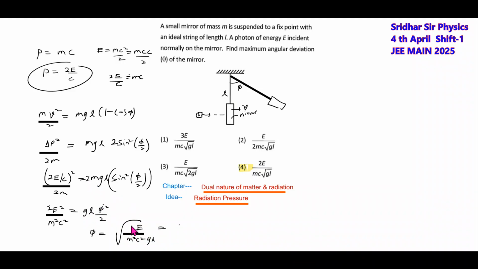Then if you take common, 2e by mc root gl. Not much information, so I'm assuming that the photon will be absorbed. Mirror absorbs photon. Based on this, this is the key I'm able to get. We'll move to the next question.